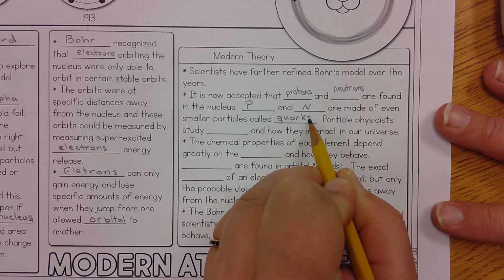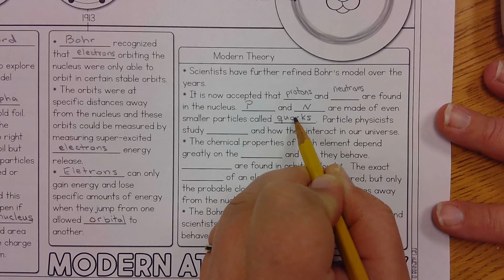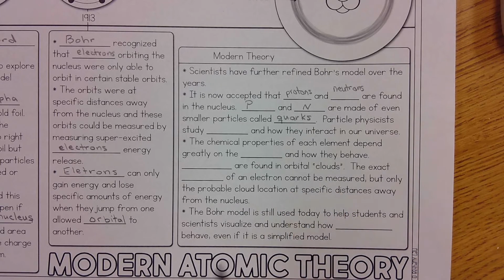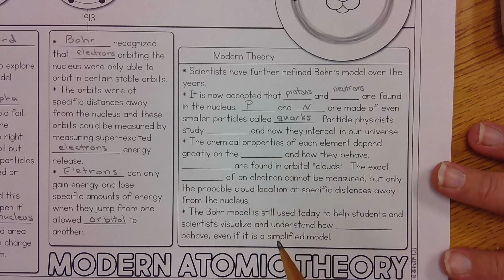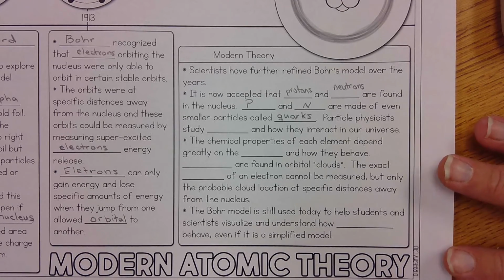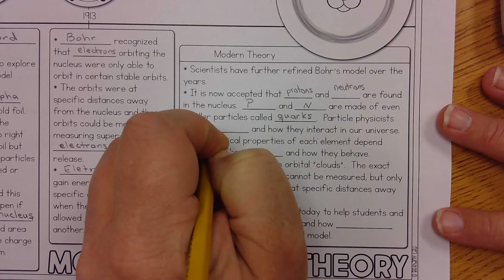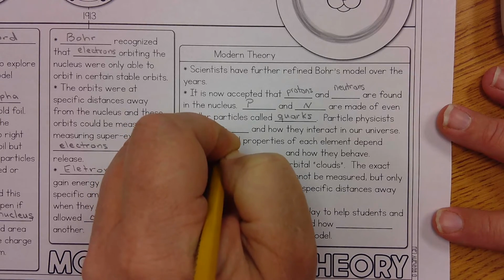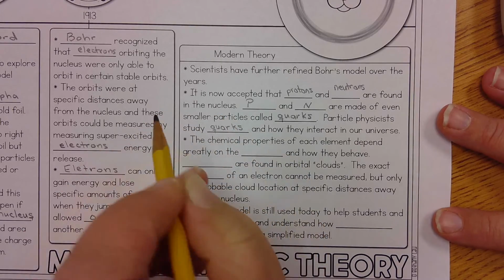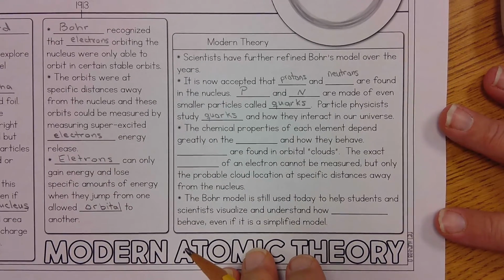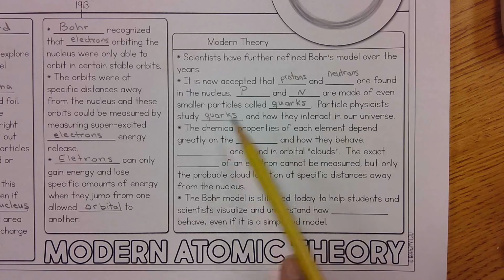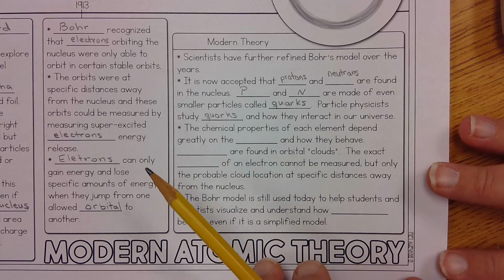Way back when, they thought the atom couldn't be broken down into anything smaller. It can, and even protons and neutrons can be broken down into smaller particles called quarks. Particle physicists study these quarks and how they interact in the universe. It's very fascinating studying. If you want to look that up, I'll probably give you a bonus video to watch on that because it is really interesting.